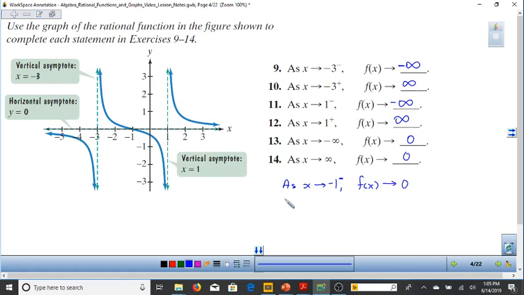And then as x approaches that same number, -1, but from the right hand side, we start on the right hand side and just keep moving toward it. It still gets closer to 0. So we see in this case that approaching from the left and approaching from the right gives us the same result. All right, let's get back to our PowerPoint here.